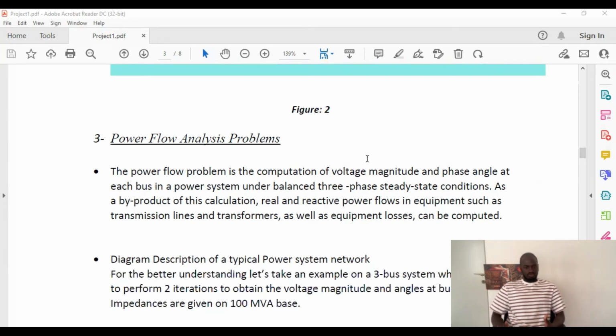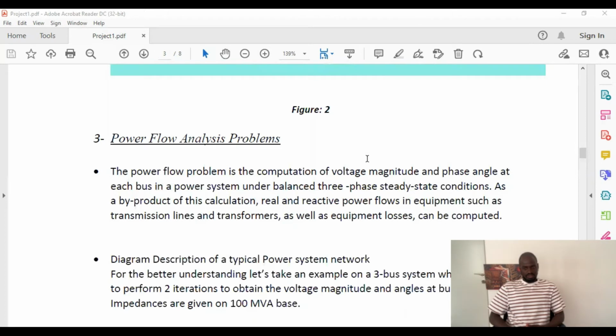As a byproduct of this calculation, the real power and reactive power can be calculated throughout the equipment, such as power transmission lines and transformers, as well as equipment losses. They can all be computed.